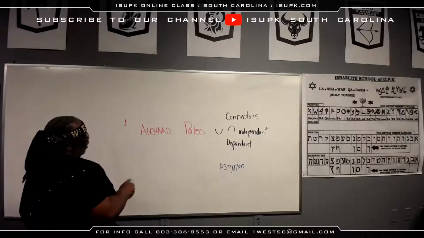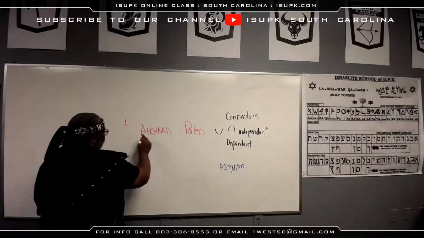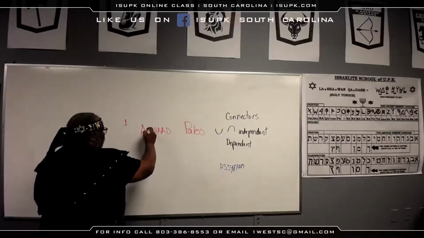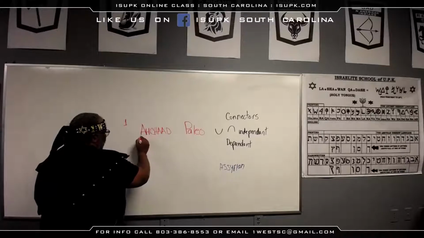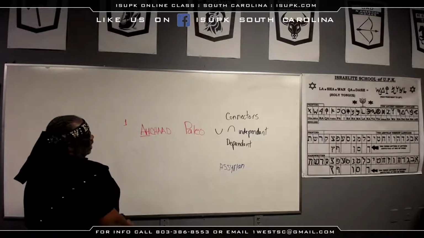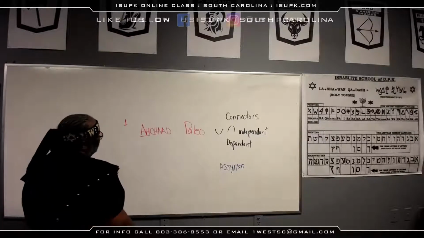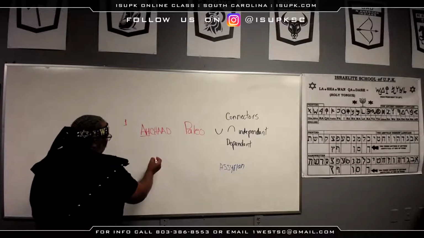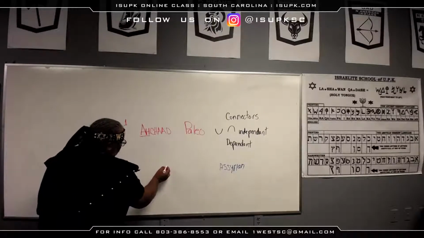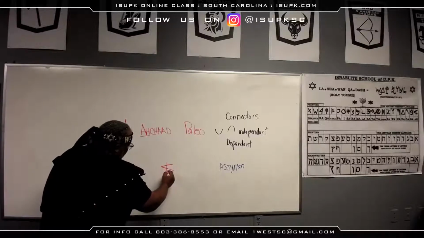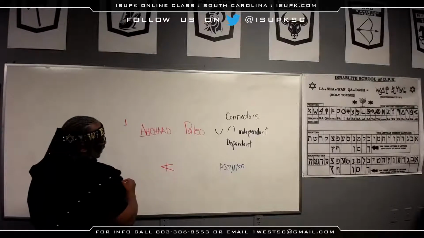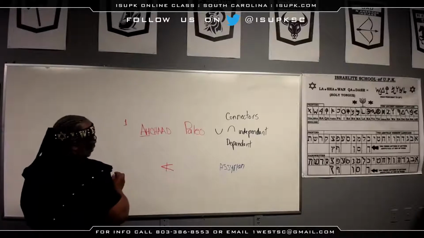So we're going to spell that word out. We sound out the sound right there. Ah is one of the sounds in Hebrew. And of course, let's just go over this for a second. You know, in Hebrew, the ah looks like this. Okay? In the Paleo, it looks like that.